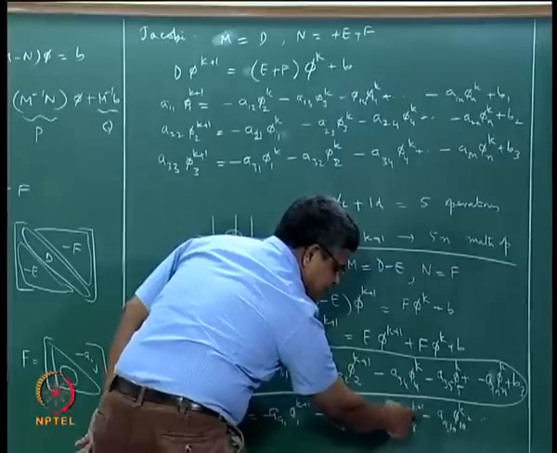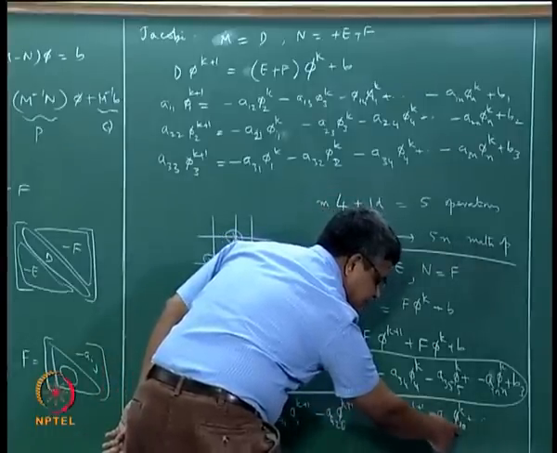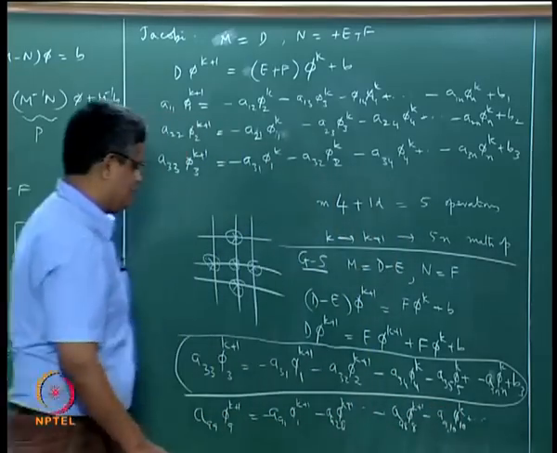So up to 8 we make use of the new values, and after 9, that is from the 10th onwards, we make use of the old values.